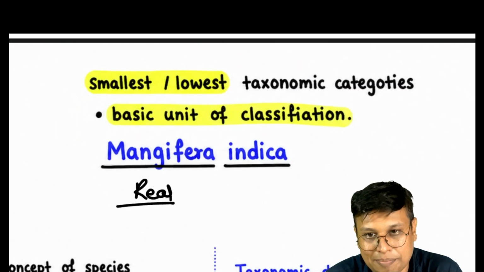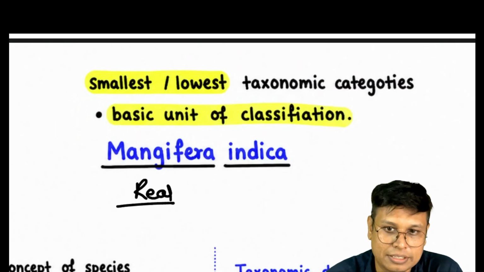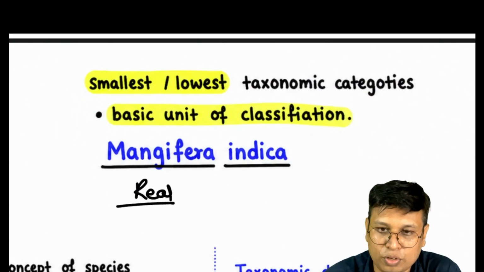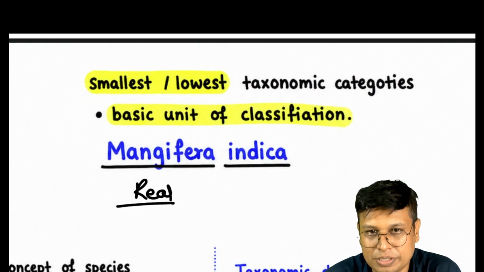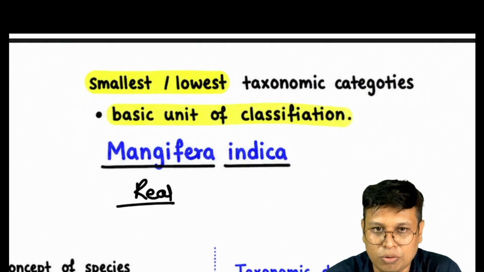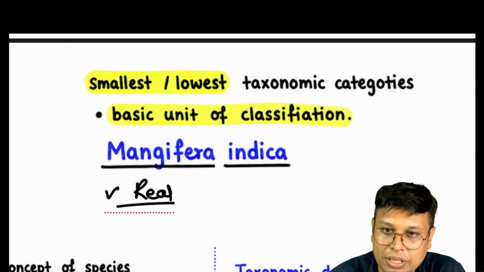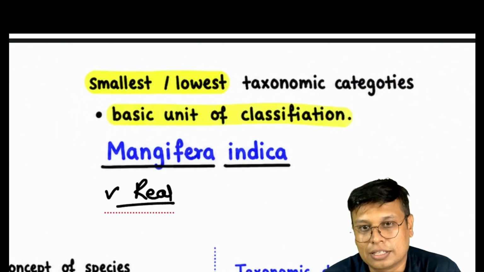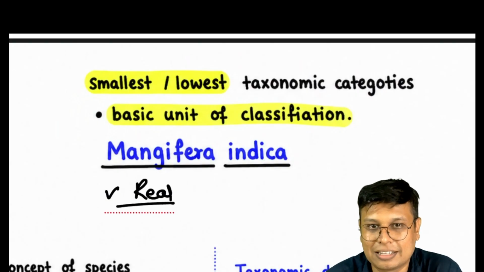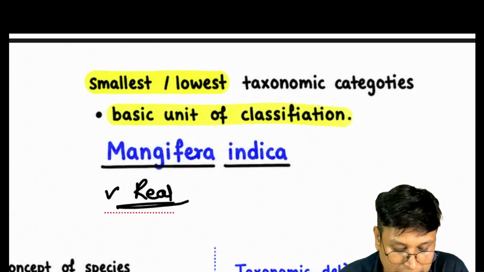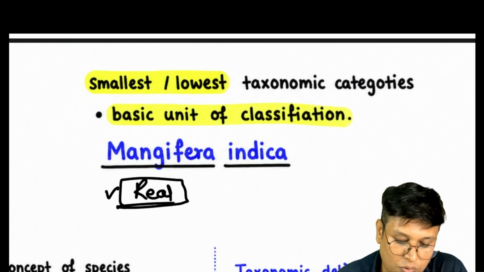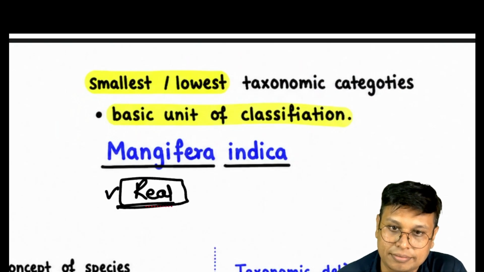Species is naturally present. Human species, mango species, any plant species you are going to go with. It is a real group. It is not constructed by human beings, but genus, family, all these are constructed. So the real lowest, smallest group is species.